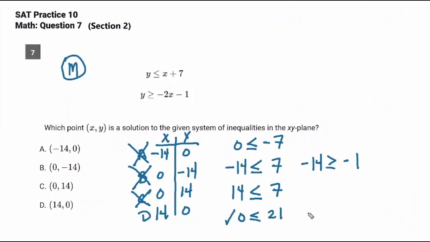Y is 0, is it bigger than negative 2 times 14? That's negative 28 minus 1. That's negative 29. 0 is bigger than negative 29. Hey, that works. You leave this thing knowing that you're right. Does not take much longer than the algebra. You definitely get it right and you move on.